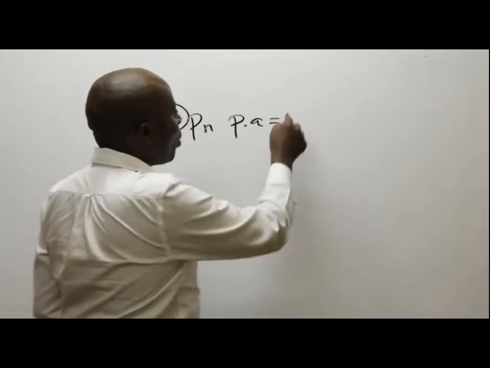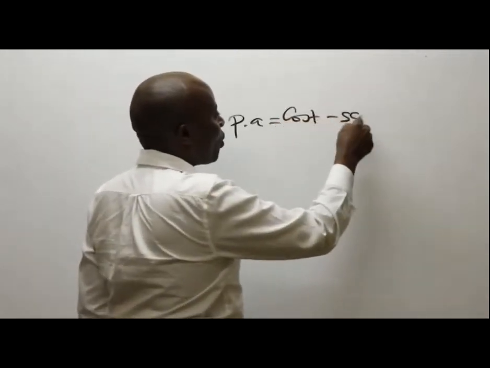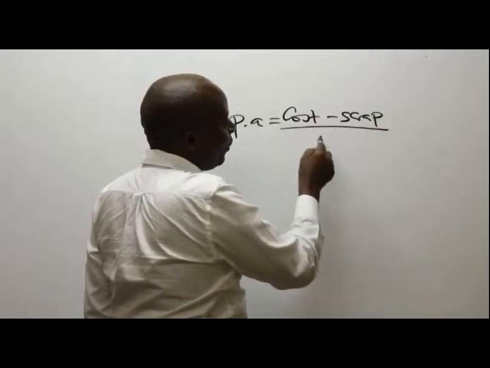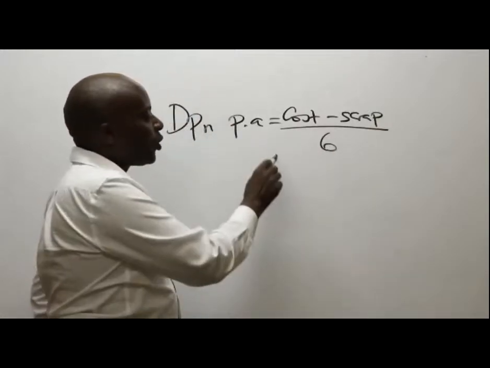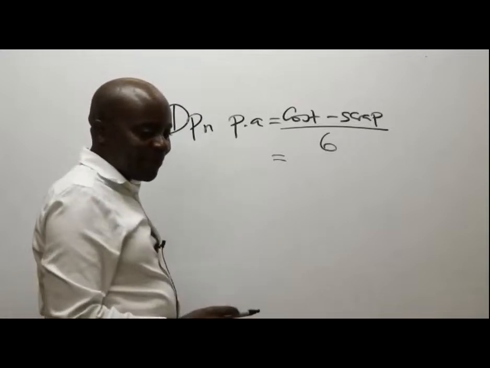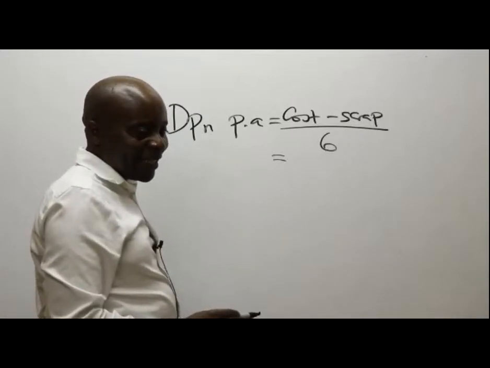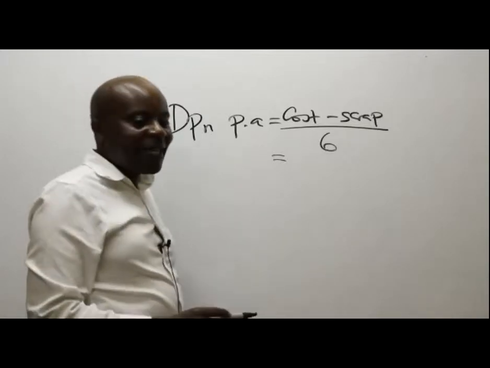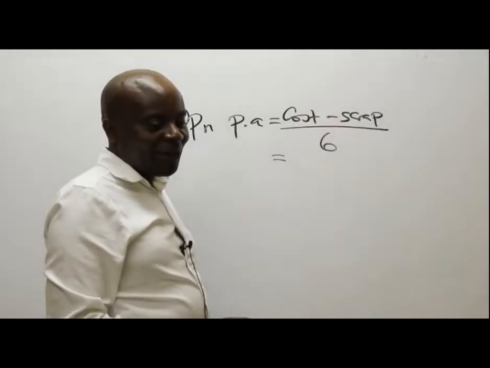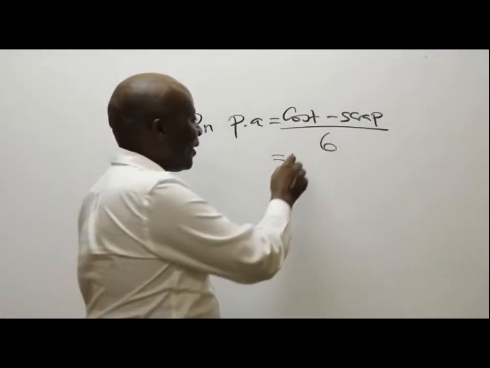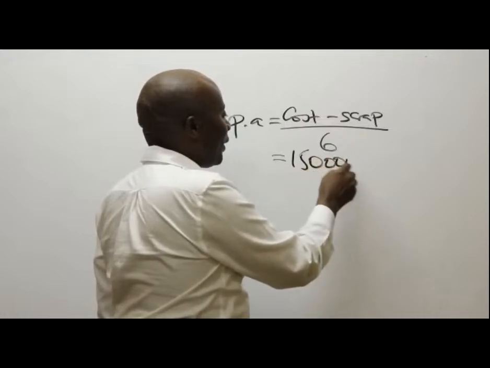This I know is cost minus scrap divided by number of years, which are how many years? 6. So in this question, what is the cost of this asset? 150,000. Thank you very much.